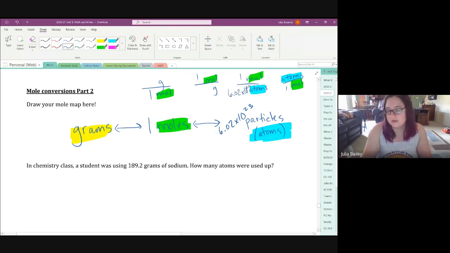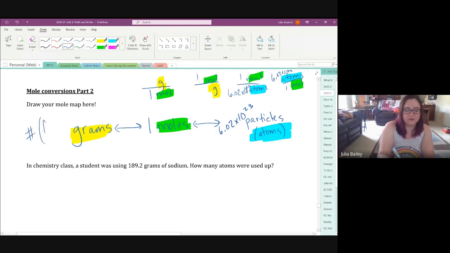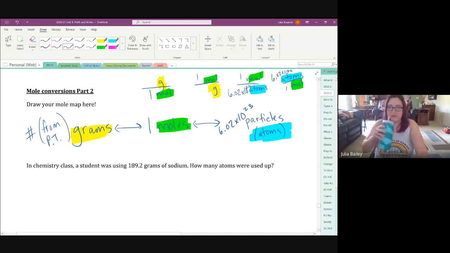It rhymes. Times 10 to the 23rd. This is Avogadro's number. And that leaves us with figuring out what number goes with our golden grams. Well, when you're making a conversion factor with your golden grams, the number needs to be a number of grams from the periodic table for whatever element the problem's about.